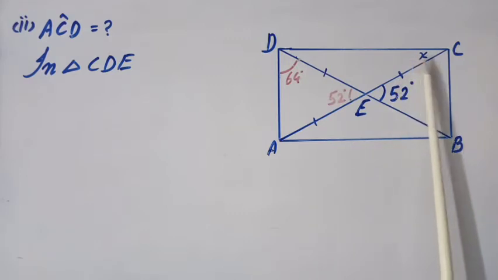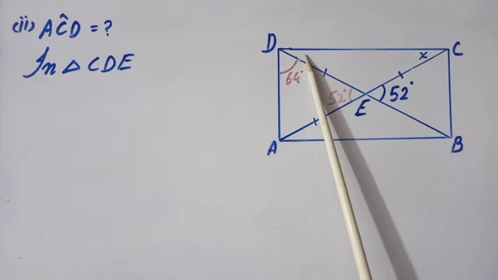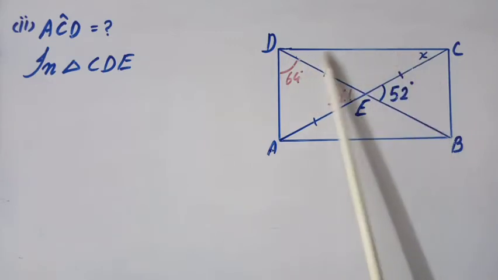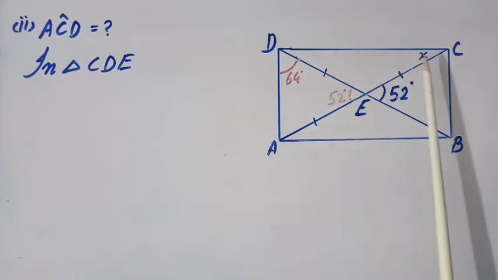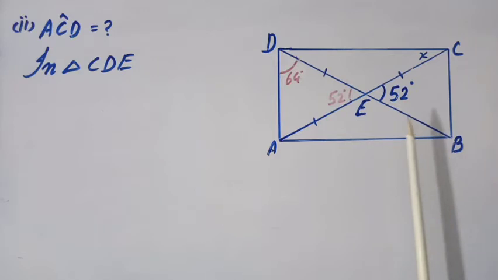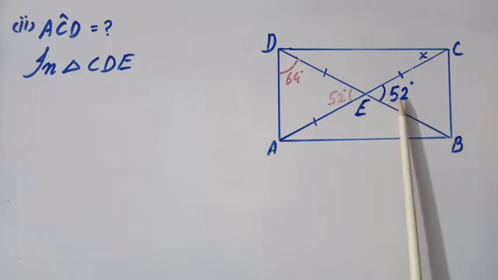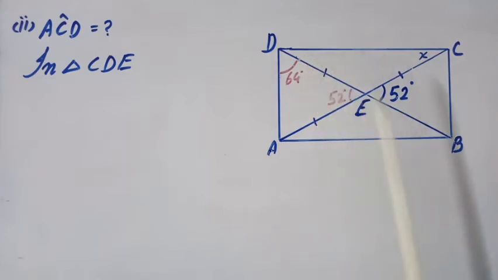As this is an angle we have considered as x, this one also we can call x, because these are two angles equal in measurement, right? So x plus x equal to 52, right? Because exterior angle is equal to sum of two opposite interior angles.